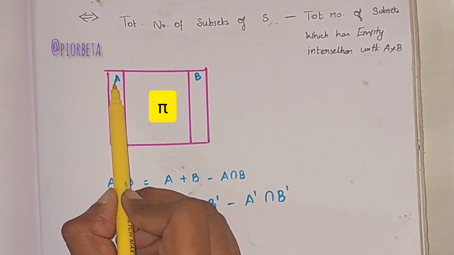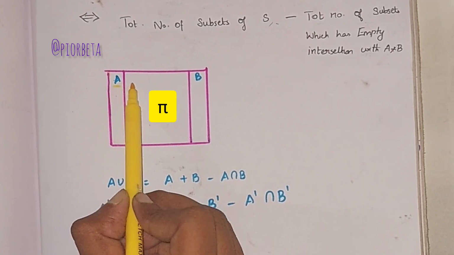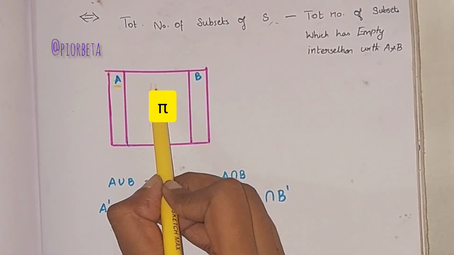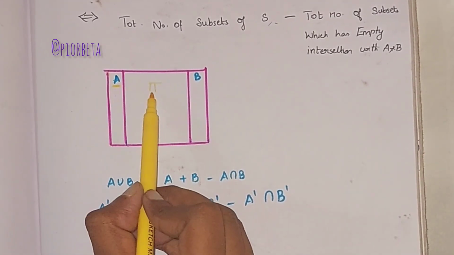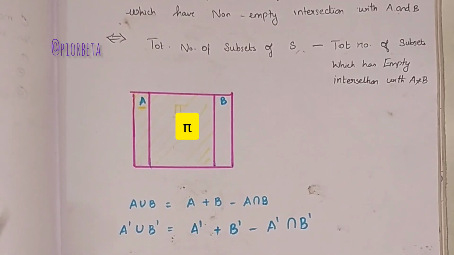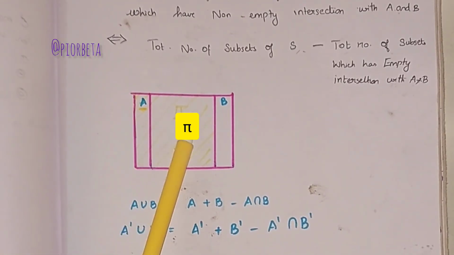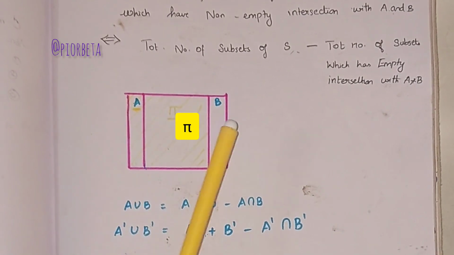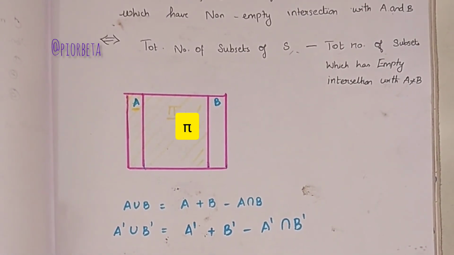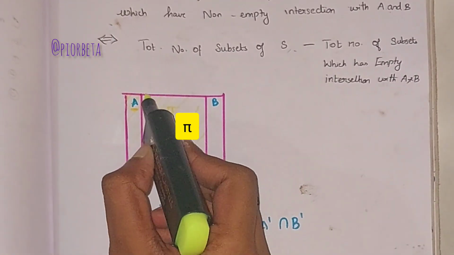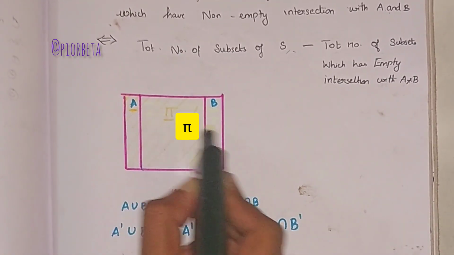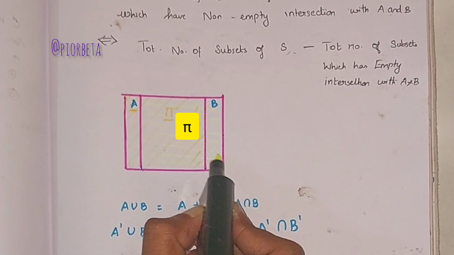What we are going to do is take a subset of A and this pi. So A and pi can form a subset because it does not have any intersection with B. And also another case, B and pi can form a subset because B does not meet A, so that's not a problem.